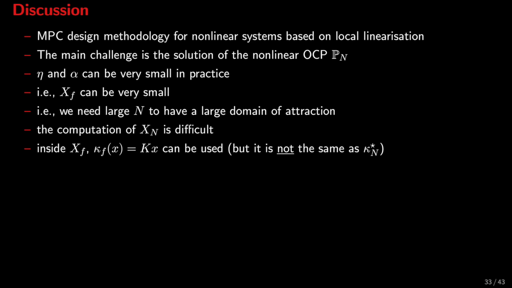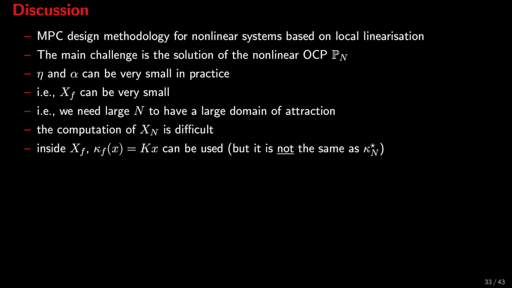However, it's not the same as kappa N star. Of course, it's not the same as the solution of the nonlinear MPC. The solution of a nonlinear optimal control problem is not given by a linear equation of the simple form K times x. We cannot expect that possibly.